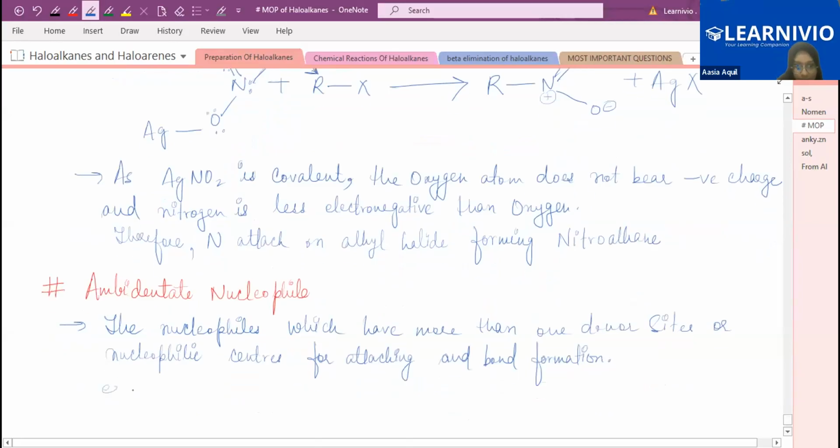Example, you know very well: cyanide ion, CN minus ion, NO2 ion, AgNO2, etc.